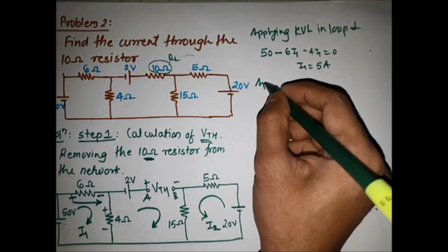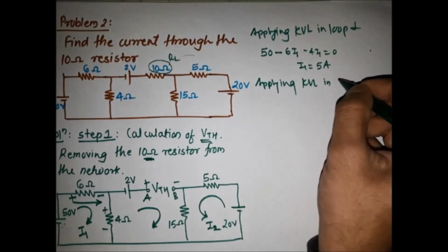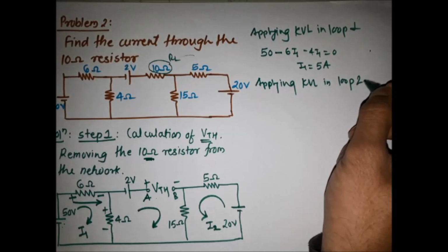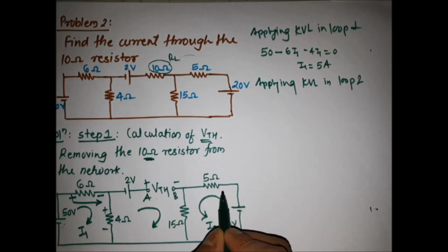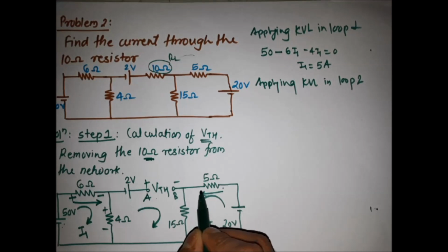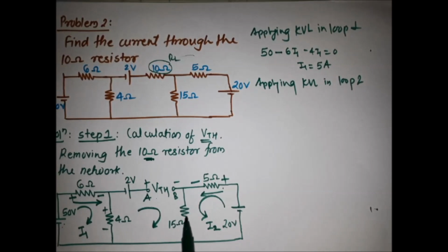Now applying KVL in loop 2. Here we are considering the anti-clockwise direction, so through the 5 ohm resistor current flows from this terminal to this terminal, so the starting terminal is plus, the end terminal is minus. Again for the 15 ohm resistor it is plus to minus.